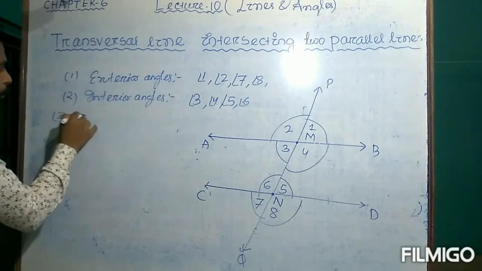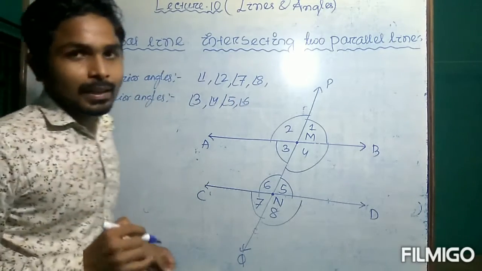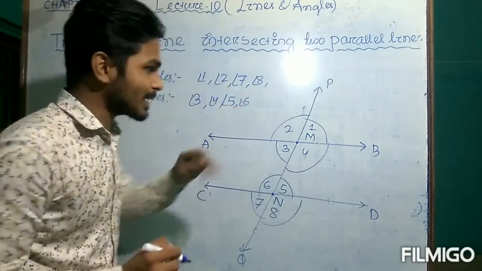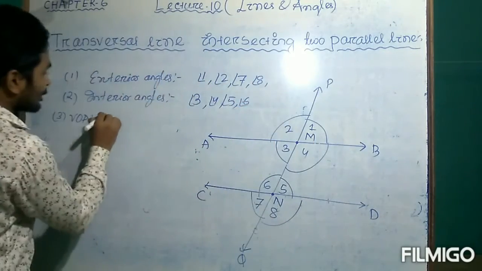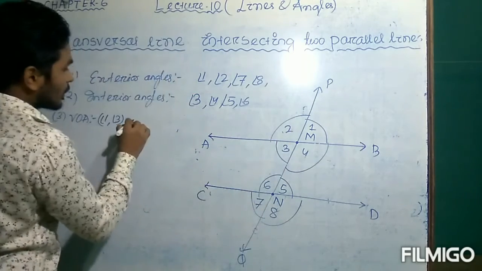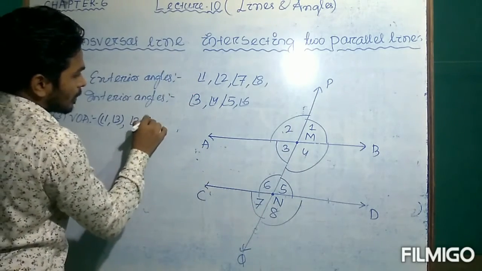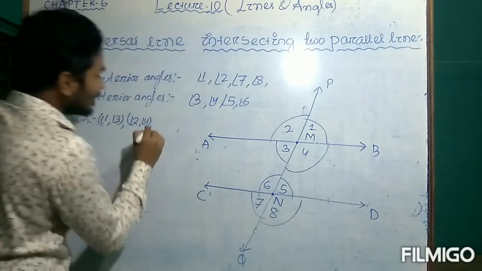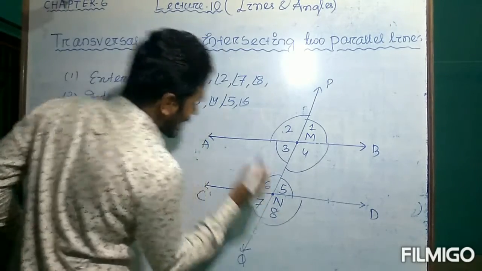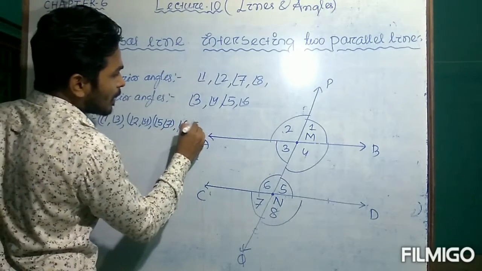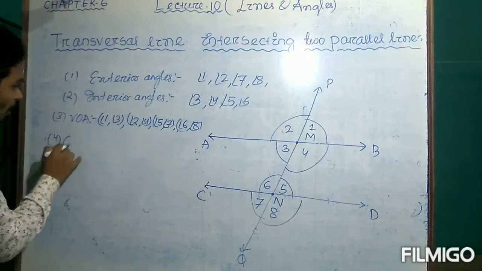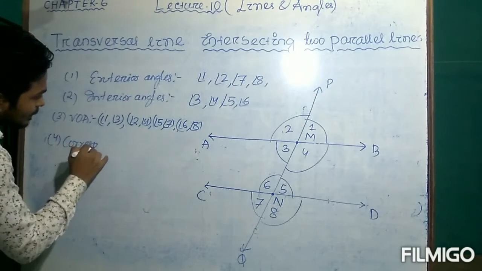Next is vertically opposite angles. We know there are how many pairs of vertically opposite angles? There are 4 pairs of vertically opposite angles: 1, 3, 2, 4, 5, 7 and 6, 8. Right? Next is corresponding angles.